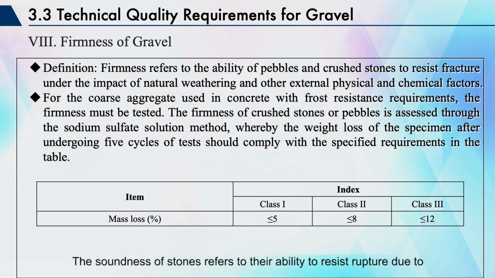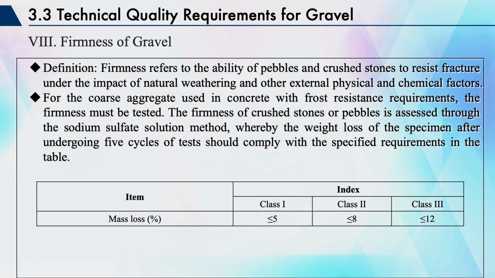The soundness of stones refers to their ability to resist rupture due to natural weathering and other external physical and chemical factors. For coarse aggregates used in concrete with frost resistance requirements, soundness testing is necessary.